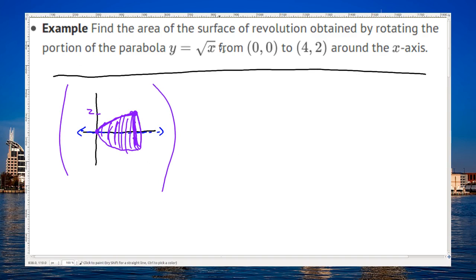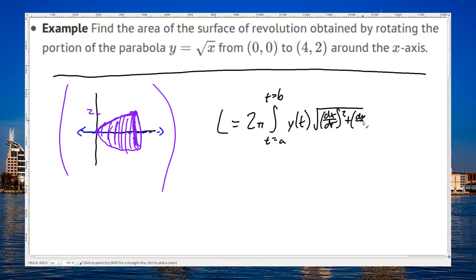And because it's a very simple curve around the x-axis, we'll use the area is 2 pi integral from t equals a to t equals b of y of t square root of (dx/dt) squared plus (dy/dt) squared dt. And again, all this is just from the ds, but that would be the expanded form.